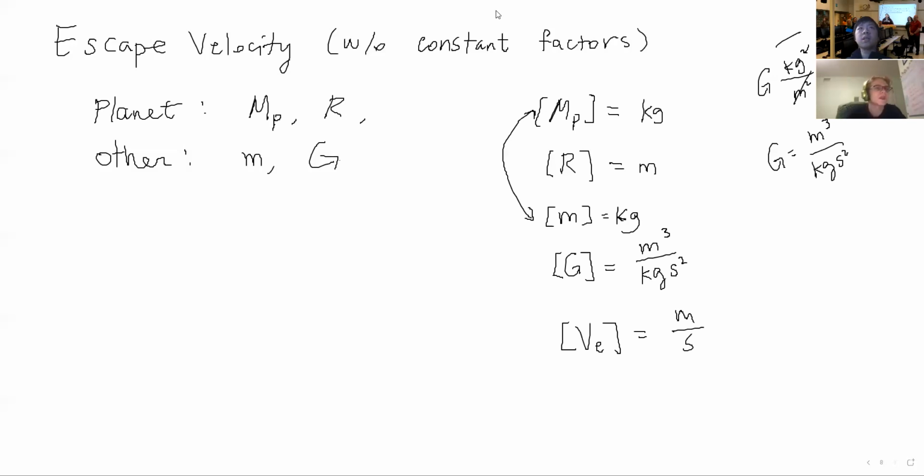What's E? Oh, escape velocity, VE. Mass of Earth. Oh, I see, and then that's MP, the mass of some planet. So Ivan says G MP over R squared. Does that work? What's this?